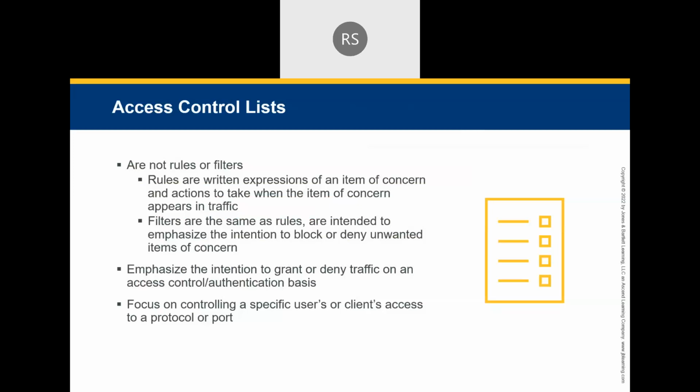So basically what the access control list does is it's a list that's going to determine which users or clients can access that protocol or port. And they're often integrated with authentication mechanisms to ensure that access is granted or denied based on that user's identity.